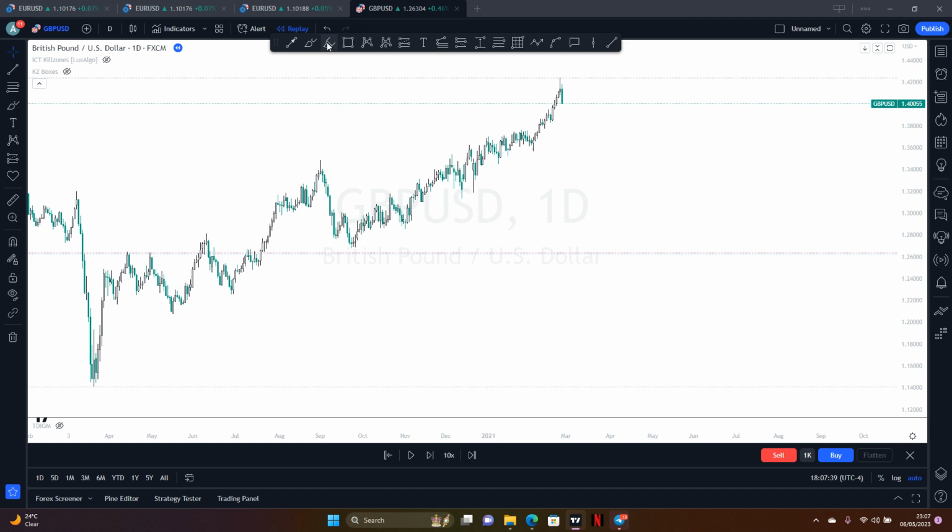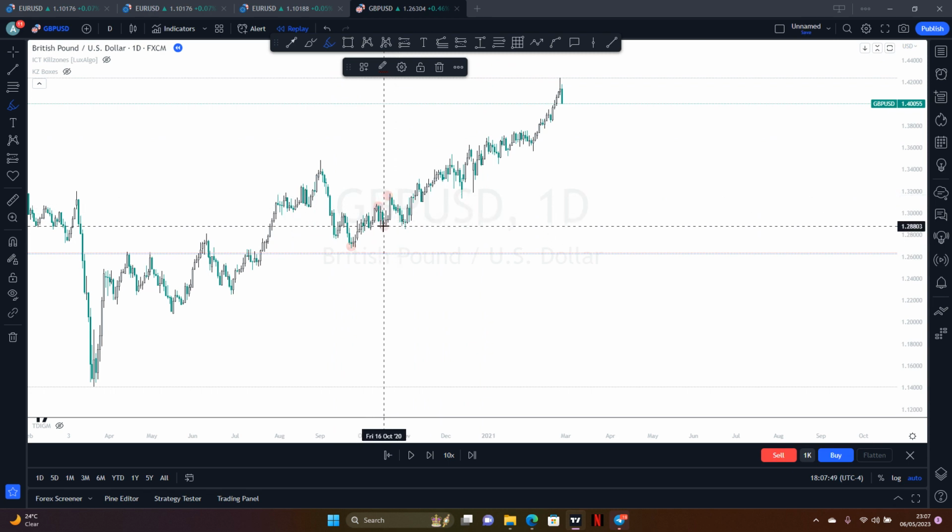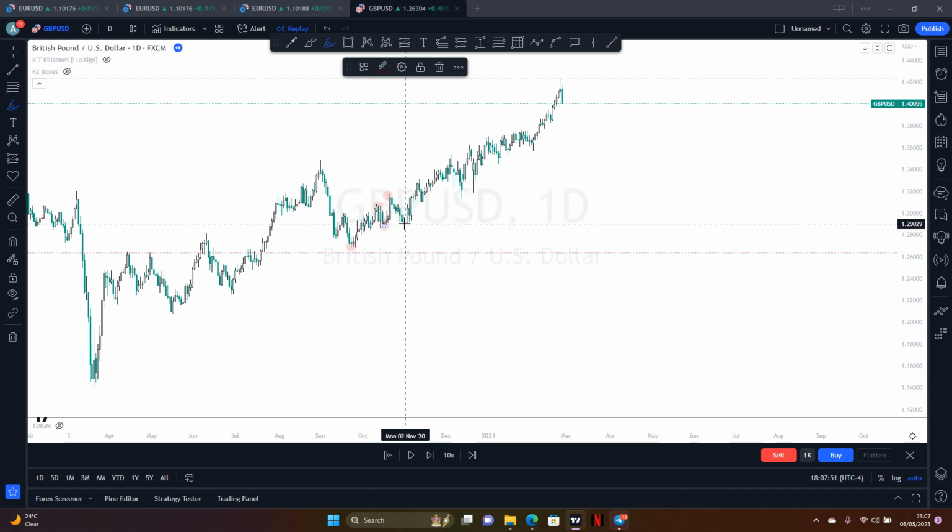Because if you look at this, price is actually making higher highs and higher lows. Because we have this higher high. I think we actually have this high, low, high, and then this low, because this low haven't taken out this one.